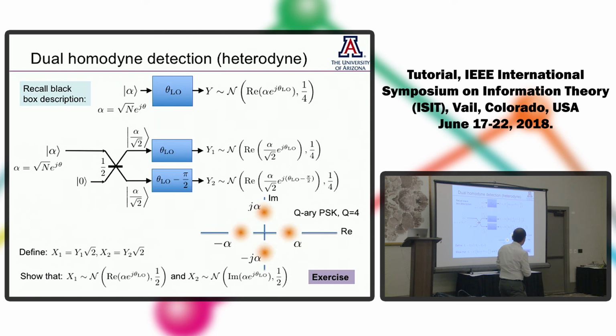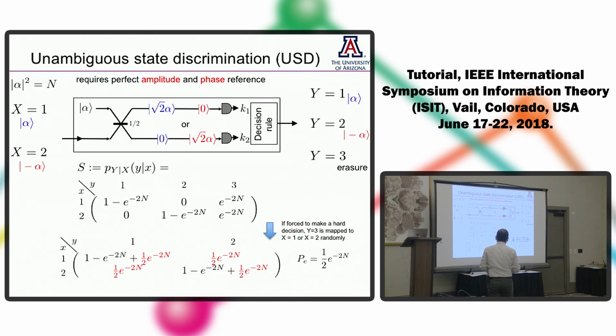But what this shows is that now I can measure both quadratures of alpha. I can measure the real and the imaginary component of alpha at the same time. The price I pay is that the noise variance on my measurements is twice the variance that I had when I was measuring only one quadrature. Okay? So I can now use this to discriminate things like a QPSK constellation, with 4 constellation points, which I could not have done using BPSK.